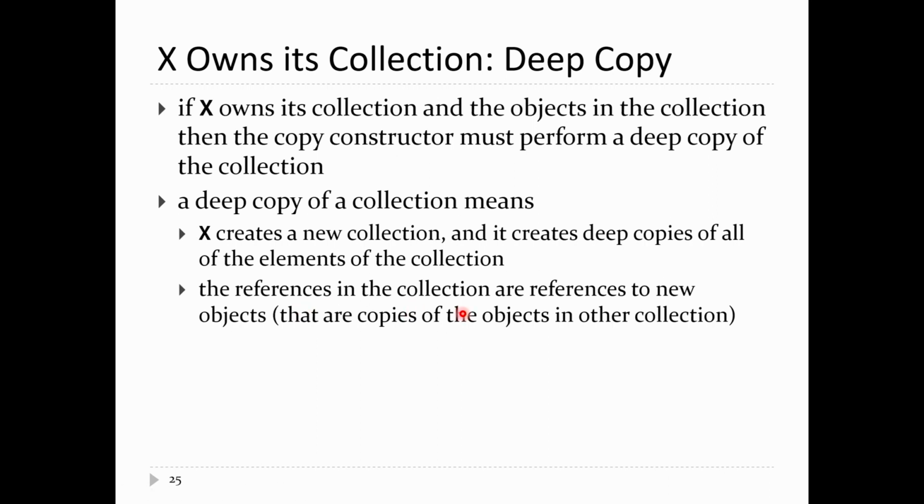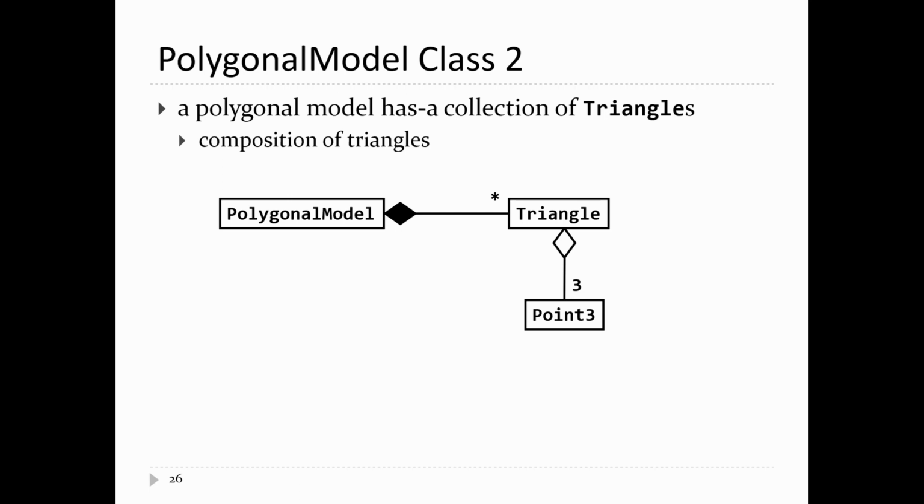So the references in your copied collection are references to brand new objects. The new objects are equal to the objects in the other collection, but they are distinct objects. So now you have a composition of triangles. You also have a composition of a list, but it's a composition of triangles now because the model owns its triangles. Notice, however, that each triangle is still an aggregation of 3 points.